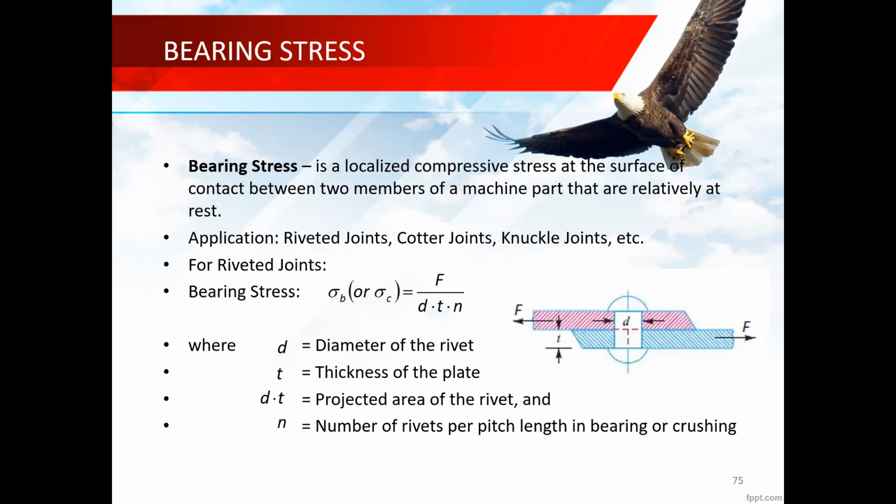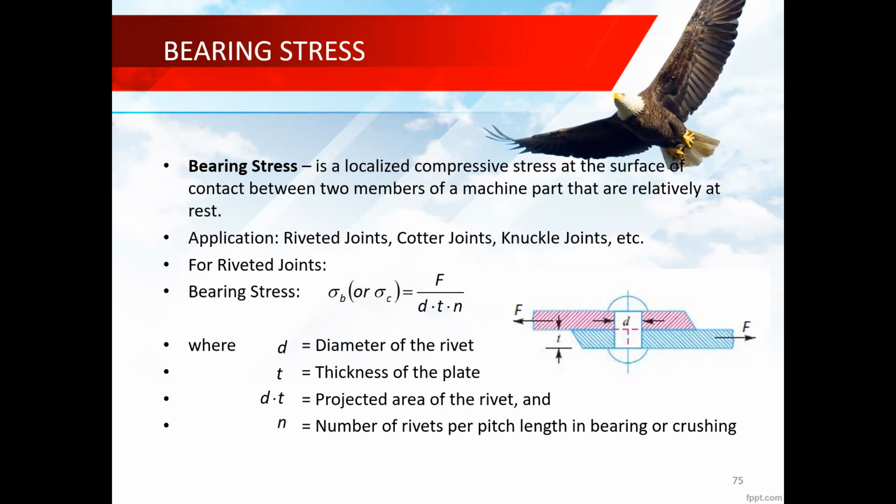Next, bearing stress. Bearing stress is a localized compressive stress at the surface of contact between two members of a machine part that are relatively at rest. Applications are riveted joints, cotter joints, knuckle joints, etc. So for riveted joints, the bearing stress is sigma B or sigma C is F over d t n. That is the projected area, not the one with pi, it is not circumferential. So D is the diameter of the rivet, t the thickness of plate.